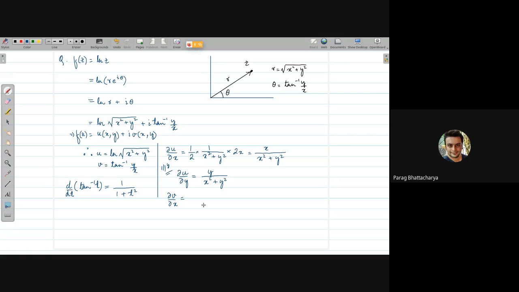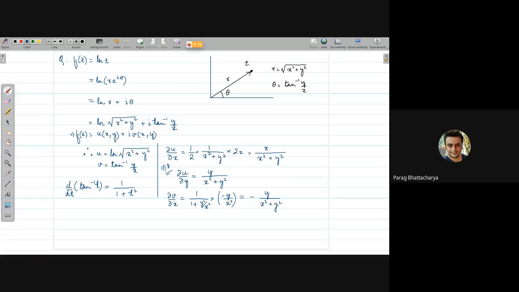We can use this result directly. So dou v by dou x is going to give us 1 divided by 1 plus y squared by x squared, and then here we'll have minus y by x squared. When you simplify this, you'll get it to be equal to minus y divided by x squared plus y squared.